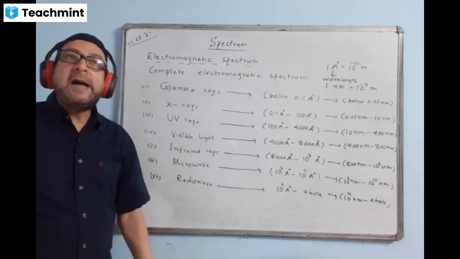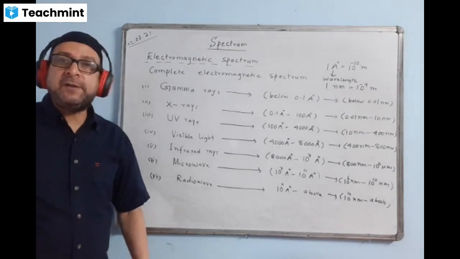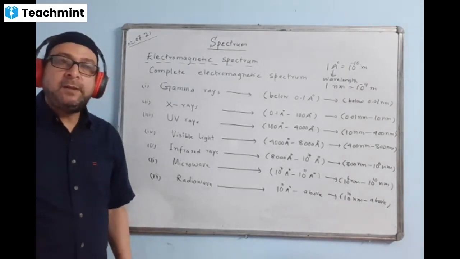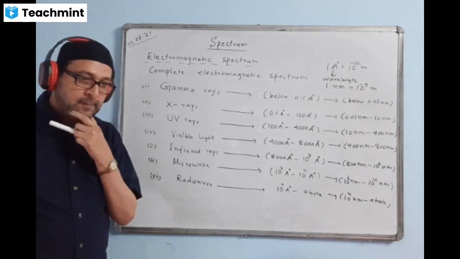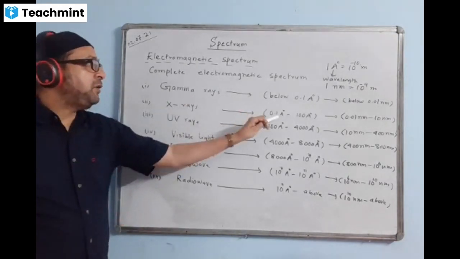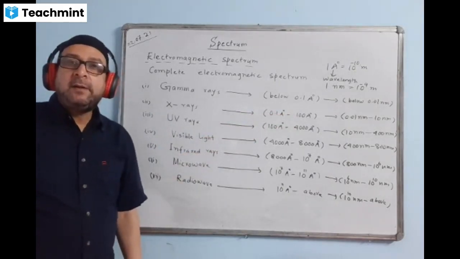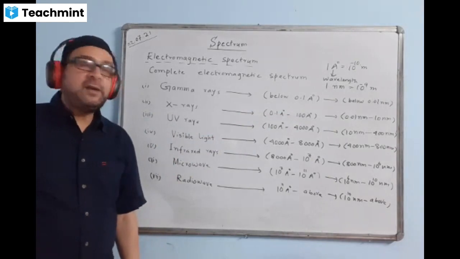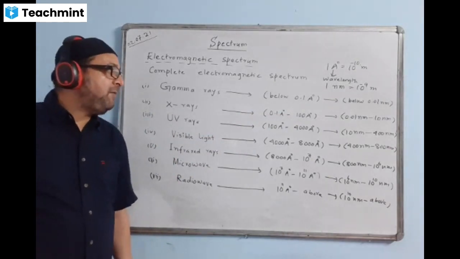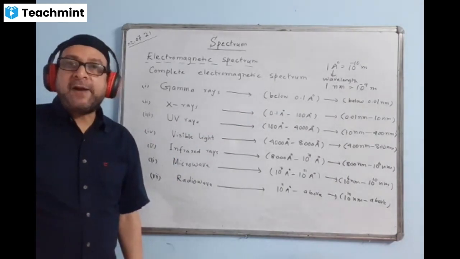Identify the electromagnetic wave. How will you identify? X-rays. Between 0.1 and 100 angstrom comes X-rays. Now, if a question comes, an electromagnetic wave has a wavelength of 500 nm, 500 nanometer.